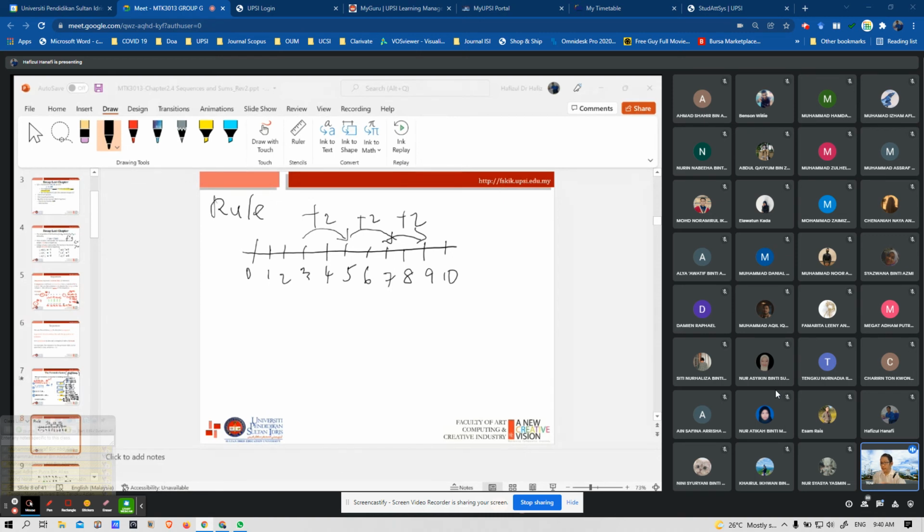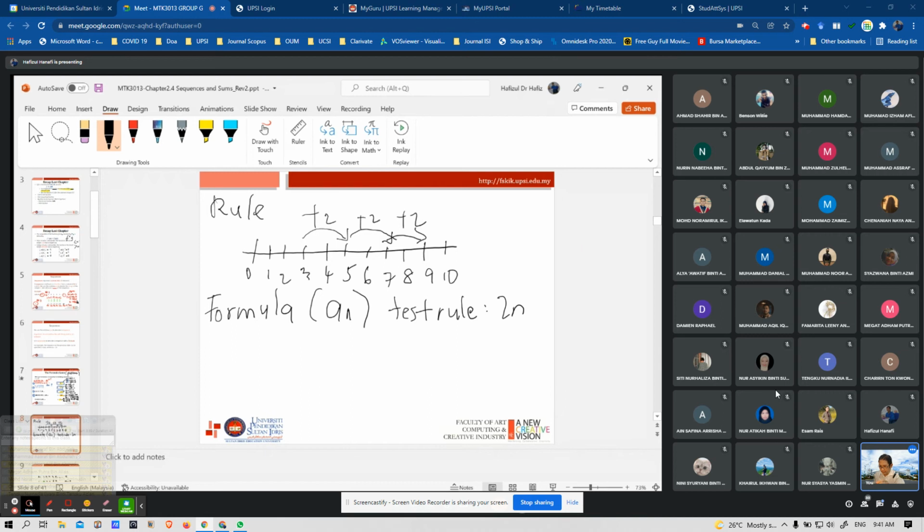This one is the formula, like we see a_n. For example, we have a test rule, 2n.